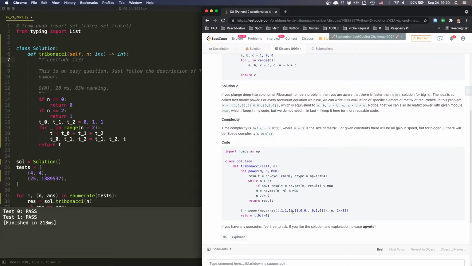Second row, we just get the first one, and then also the first one, and this one is the second one, right? Second one times this is also 1, 1, 1. So this is the second one. That's the first one.